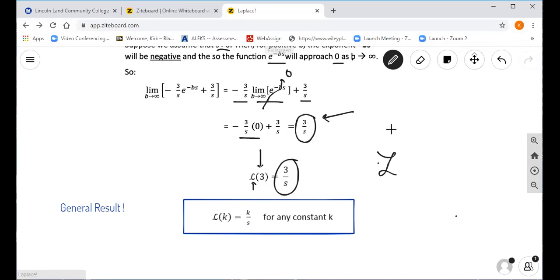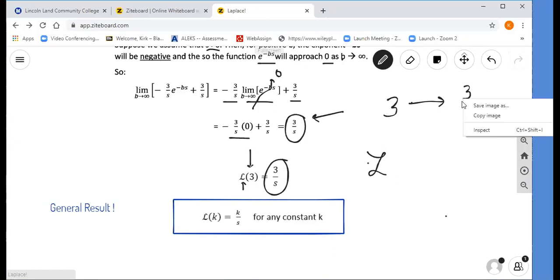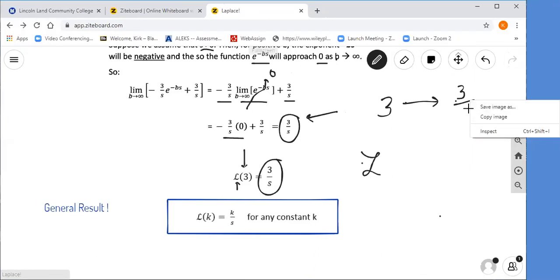What that integral did was it took a function, the function 3, which we substituted into our integral at the beginning, and it transformed that constant function 3 into this function of s, 3 over s.